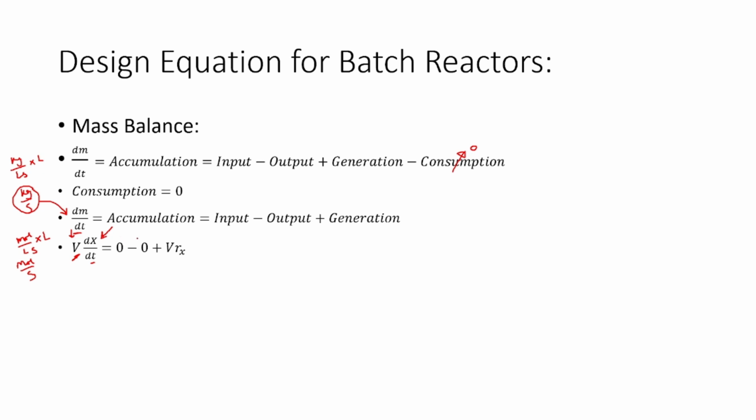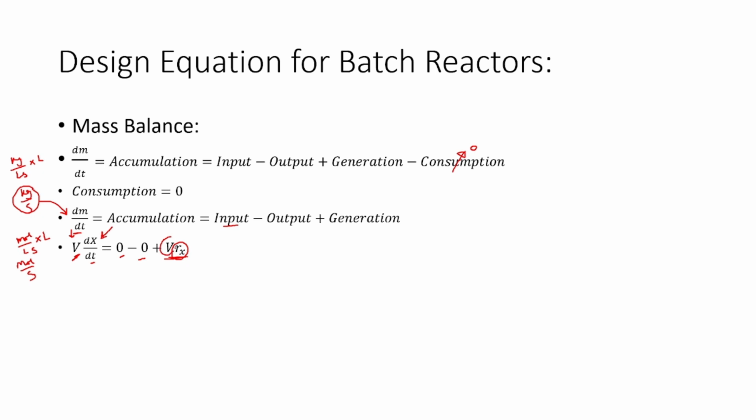Input is 0 because in batch bioreactors you put all the substrates, media and cells before the start of the batch reactor, and you do not put anything in after it starts. Therefore we consider input to be 0. Nothing is input once the reactor starts. Output is also 0, and the generation is V rx. With similar logic, the rate of generation of biomass is rx, and you multiply it by volume to get the mass or mole balance.